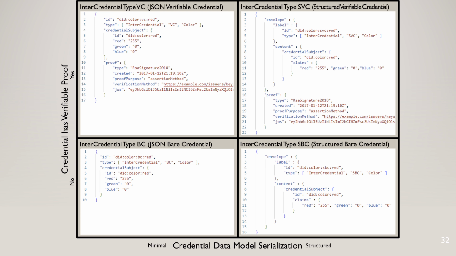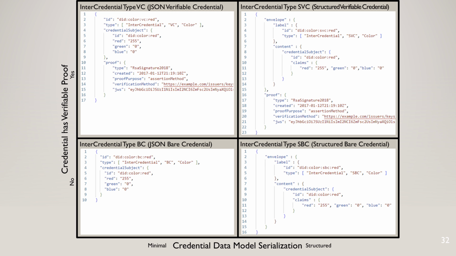To make the previous models a little more concrete, here are 4 examples. Starting in the bottom left-hand corner, this is a bare credential rendered using JSON.